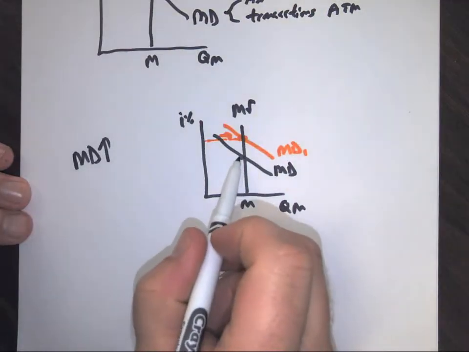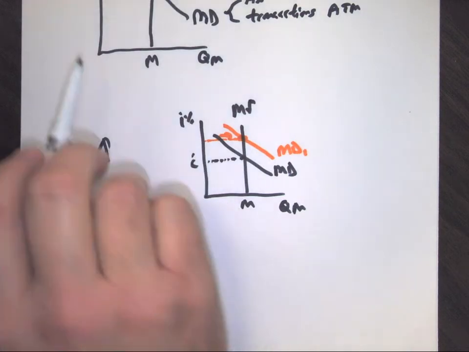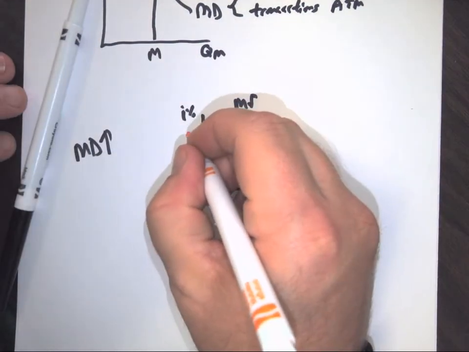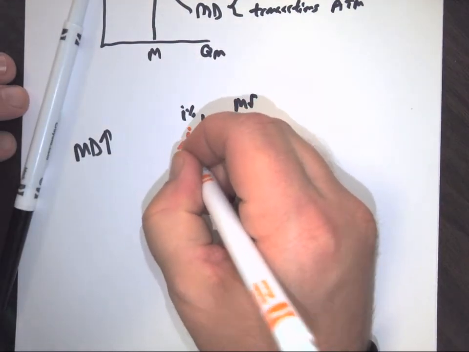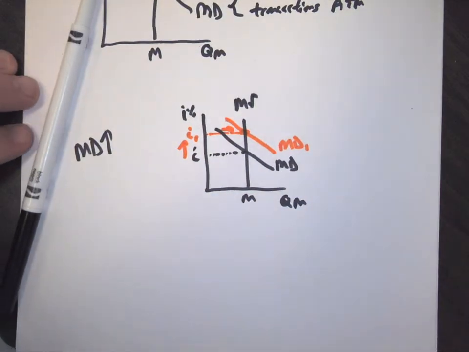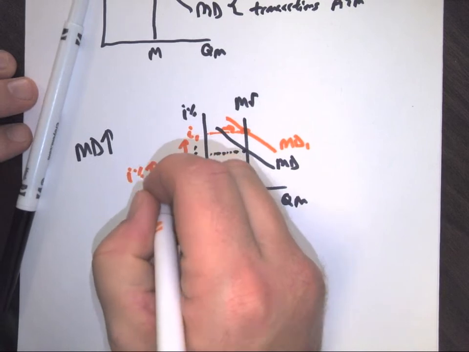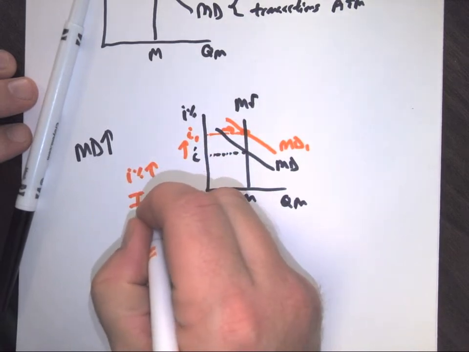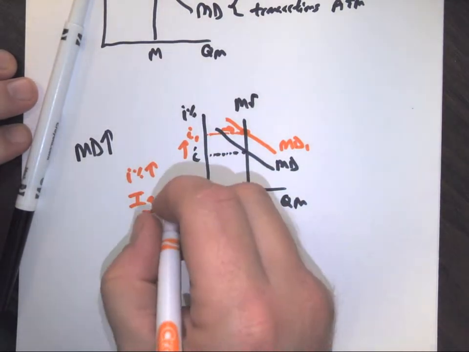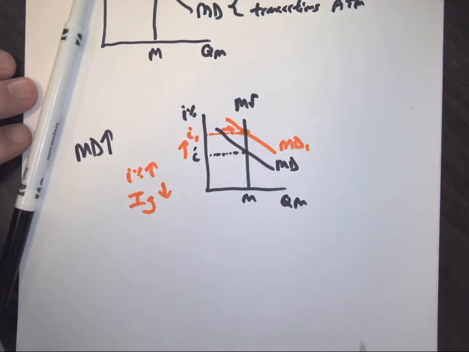See, I forgot to add that label. So now all of a sudden, money demand has caused the nominal interest rate to increase. So if the interest rate goes up, what's going to happen to gross private investment? It's going to go down because you don't borrow money at high interest rates. That's not good business, okay?